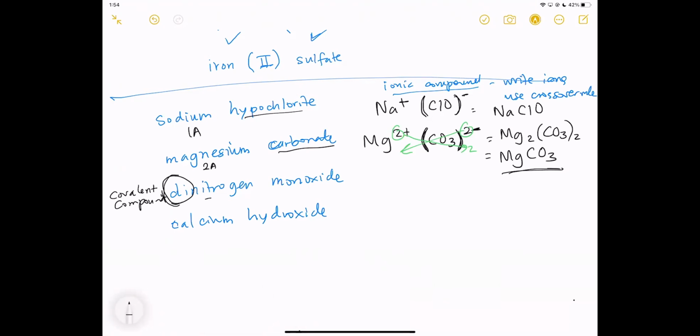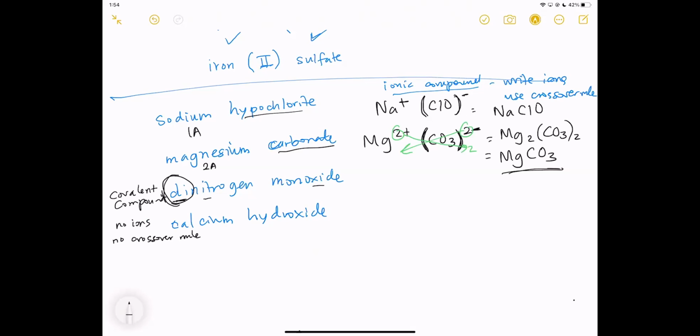So you have nitrogen, which is a nonmetal. It's to the right of the stair-step line. You also have oxygen. That's also a nonmetal. It's to the right of the stair-step line. So when you have covalent compounds, you don't write ions and you don't use the crossover rule. All you do is you use the Greek prefixes to indicate how many as a subscript. Okay, so that's what that di means.